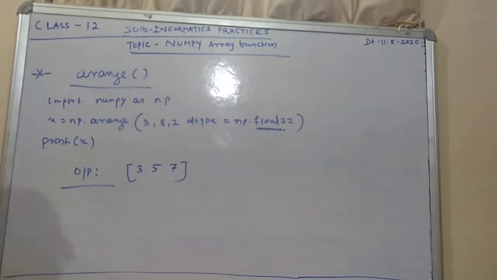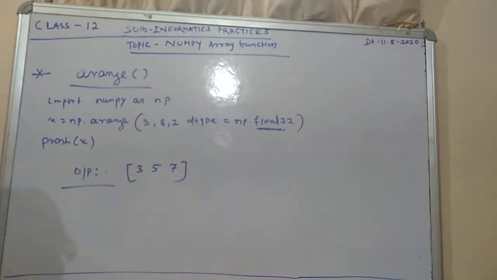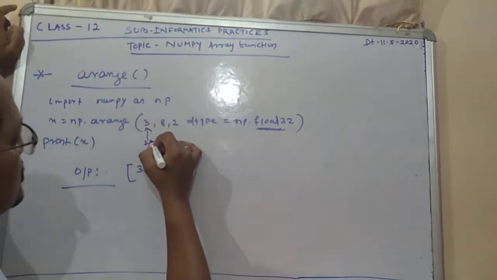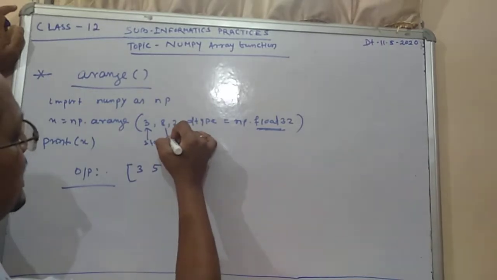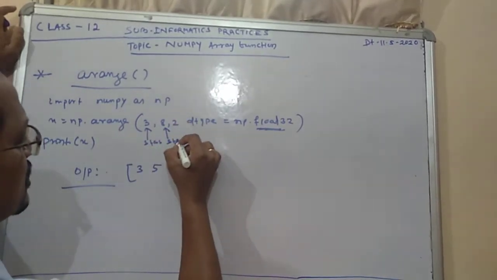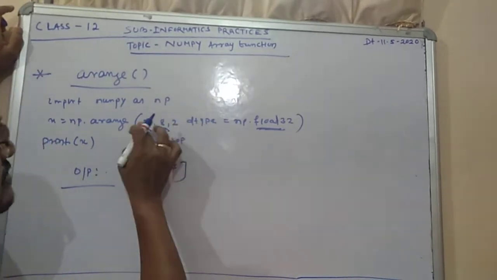So here, actually, try to understand, this is a new type of function for you. The start point is 3. This is the start point. And the stop point is 8. This is called the stop point. And 2 is the difference in between.